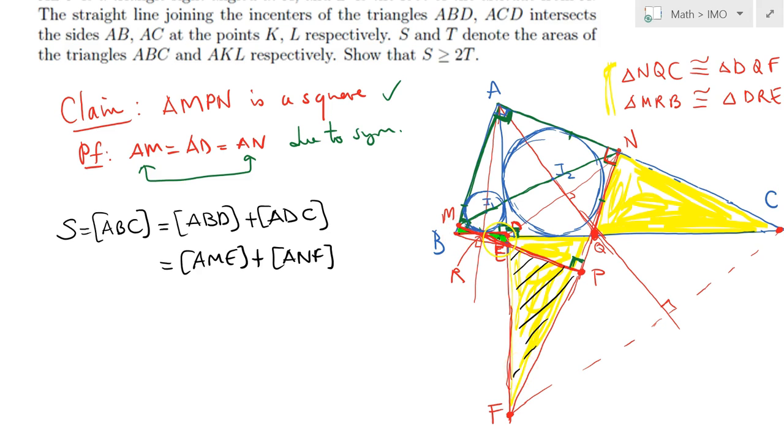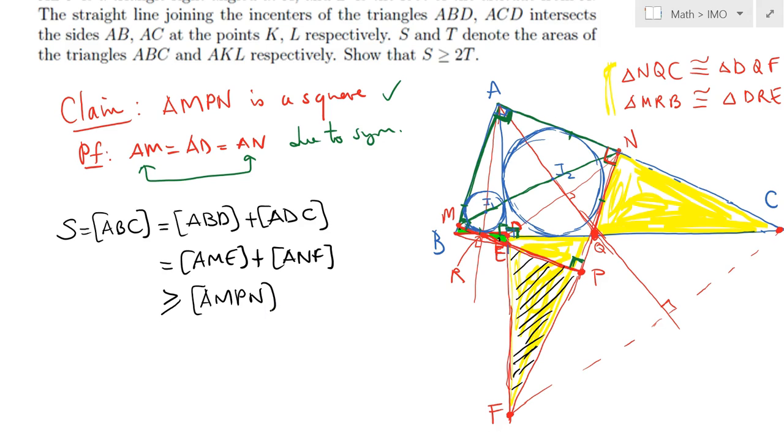Because the green areas here are equivalent and then the yellow ones are equivalent. So therefore I claim that the area of ABC is larger than the area of the square by this shaded area that I just shaded, or this part. So therefore this is greater than or equal to the area of AMPN.